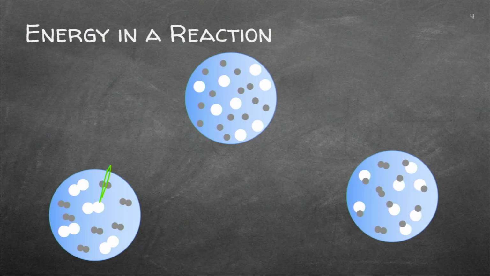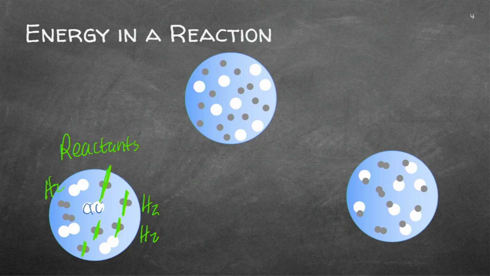So again, the same little picture that we had in the previous lessons. We've got reactants this side, and we need to break the bonds that we already have there. Now, the example that we chose was H2, and we've got Cl2 there, and I've got to break that bond as well.